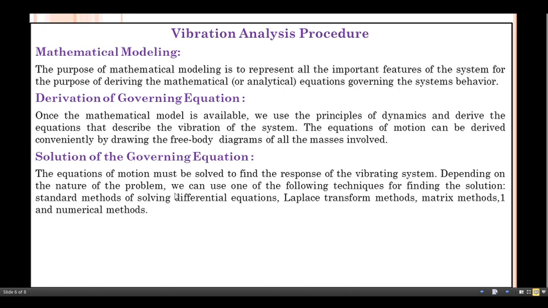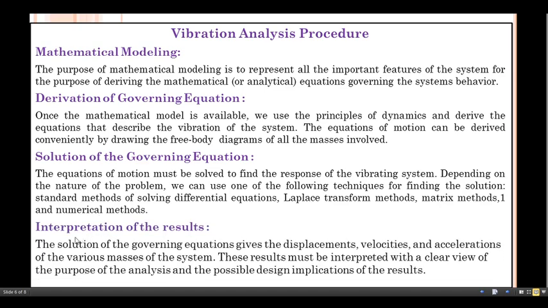Depending upon the nature of the problem, we can use one of the following techniques for finding the solution: standard methods of solving differential equations such as Laplace transform methods, then matrix methods, and numerical methods.